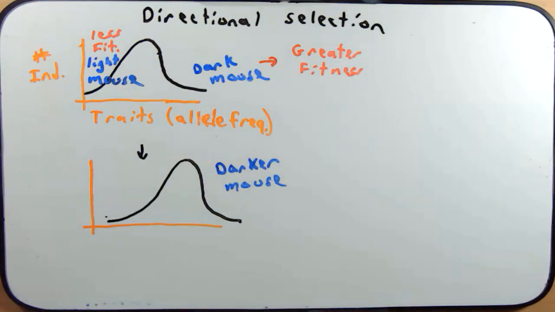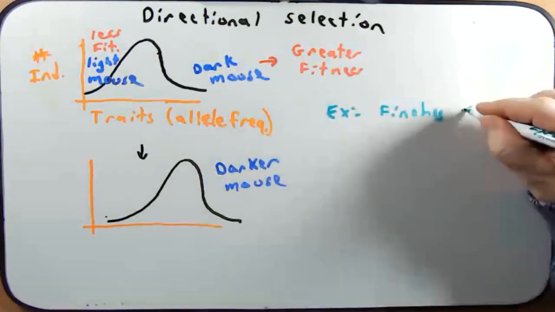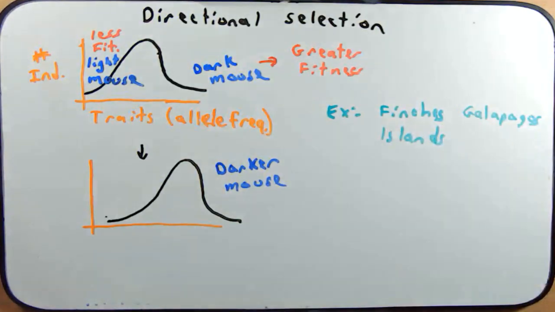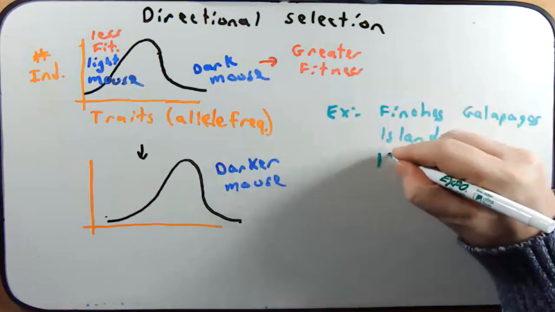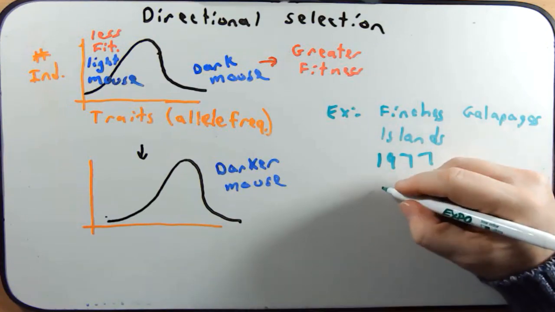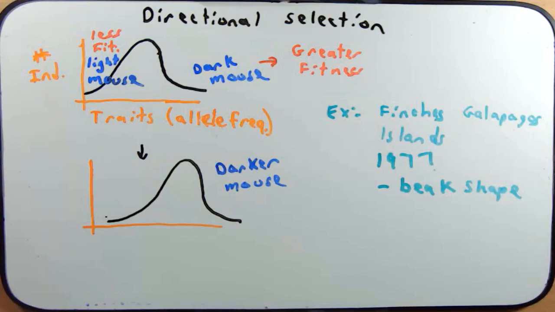Another example would be the finches on the Galapagos Islands. This occurred in 1977 when there was a drought in the islands and surrounding areas. What they saw over time was a change in beak shape. The deeper beak allowed these finches to break open some of the tougher seeds that survived the drought.